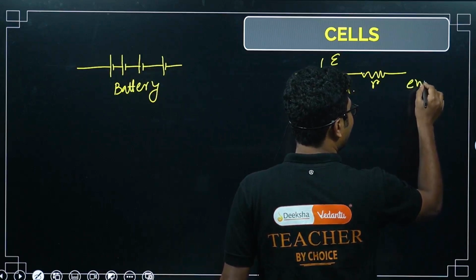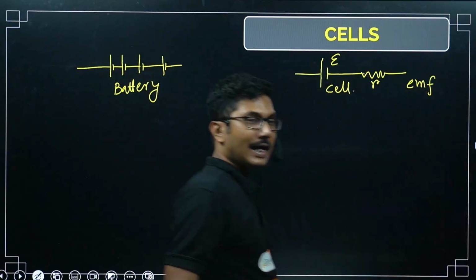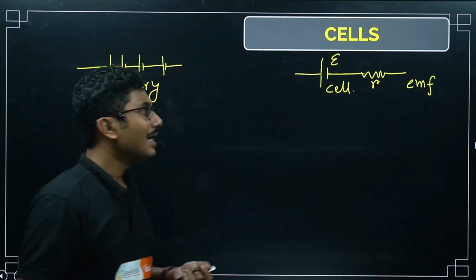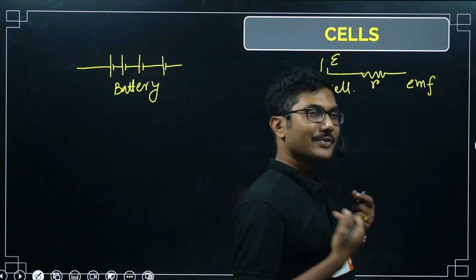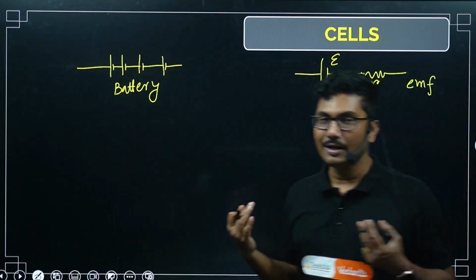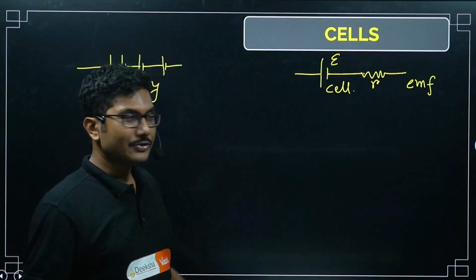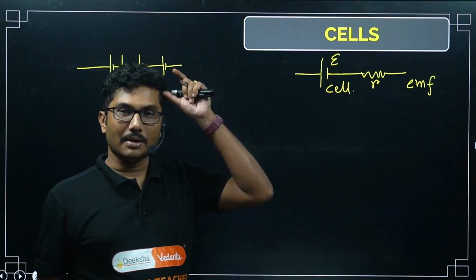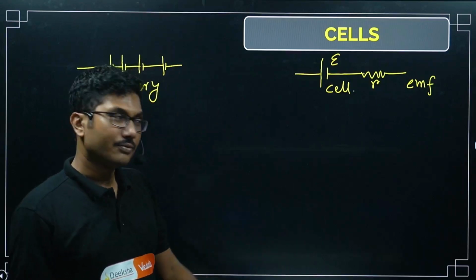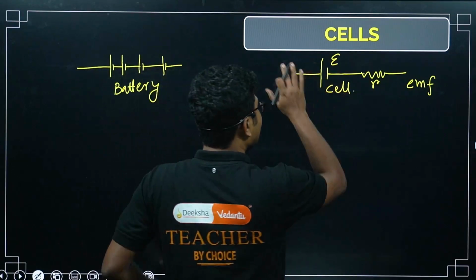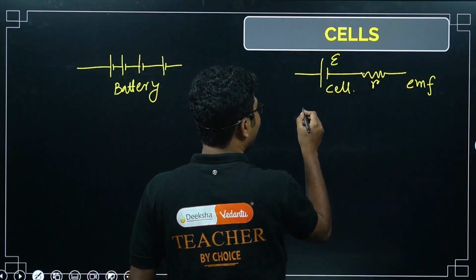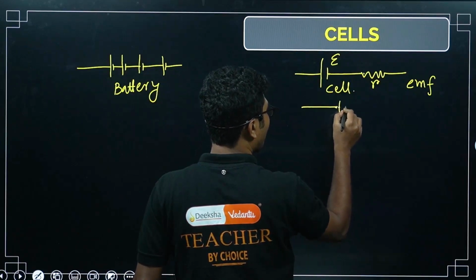Even though EMF and voltage are synonymous and sometimes interchanged, and also have the same value, in case of a cell we are no longer using voltage, we are using EMF, that is electromotive force.